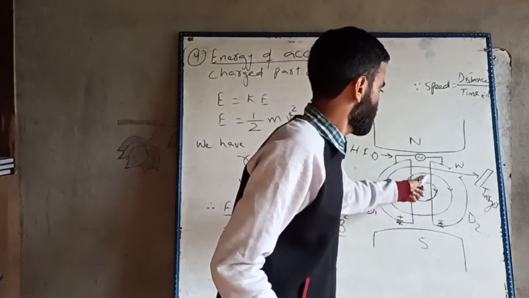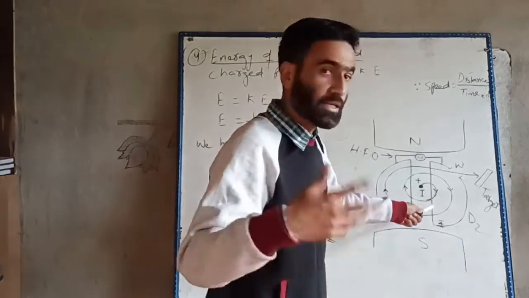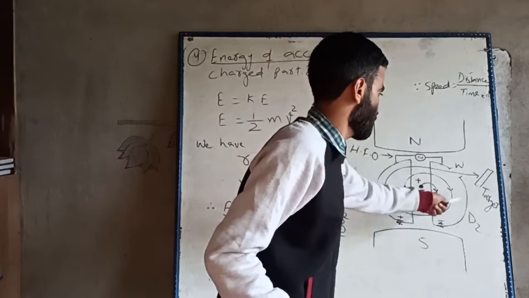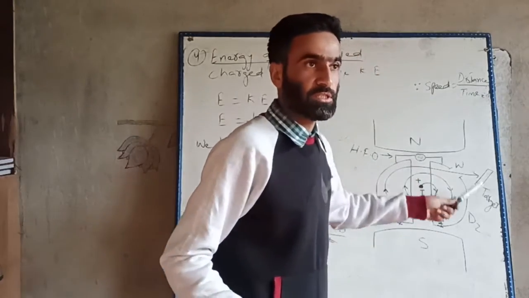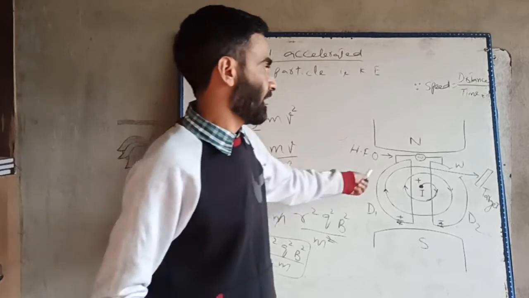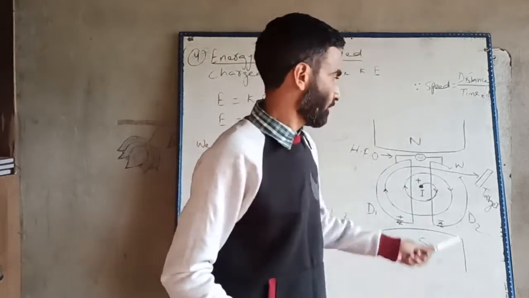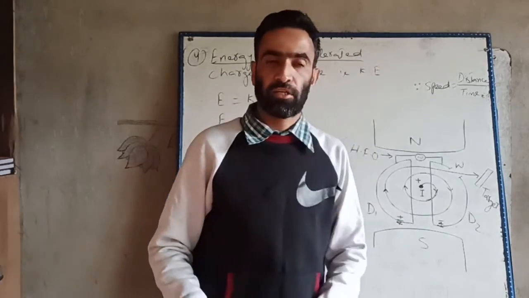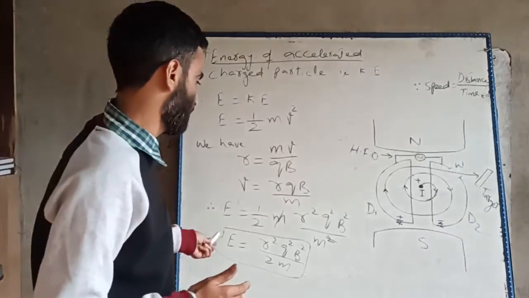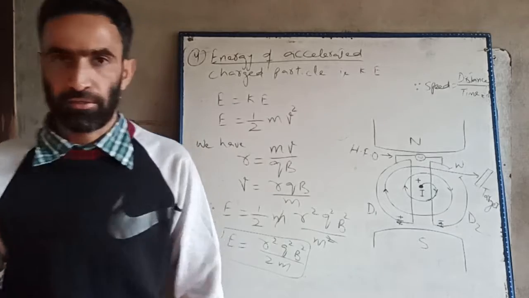As the number of circular motions increases, the radius goes on increasing, which in turn increases the energy of this charged particle. And as it comes out through the window and strikes the target, it strikes with very, very high kinetic energy. Okay.